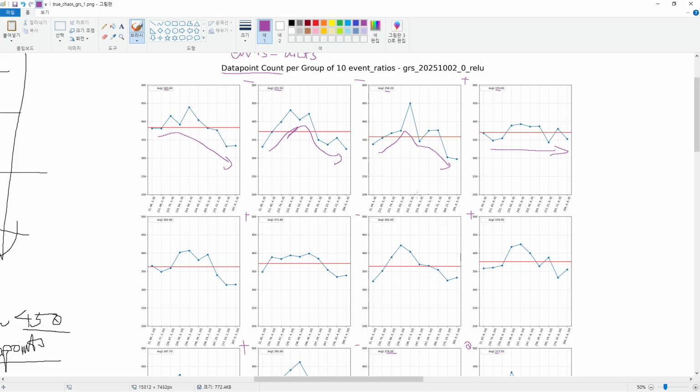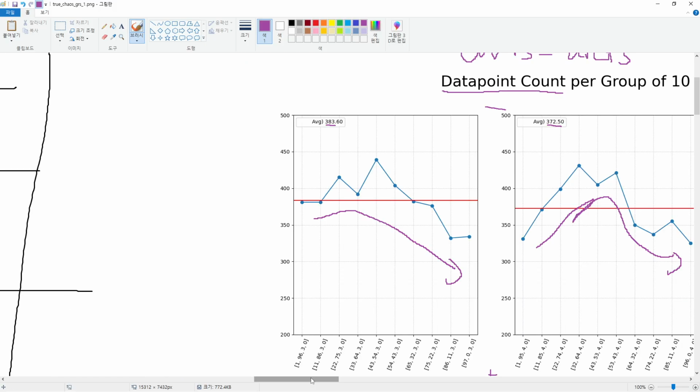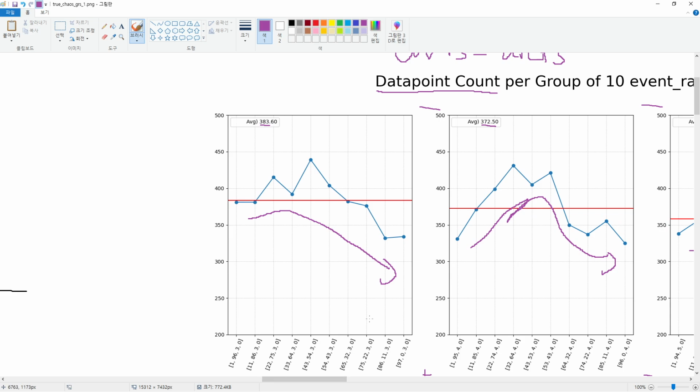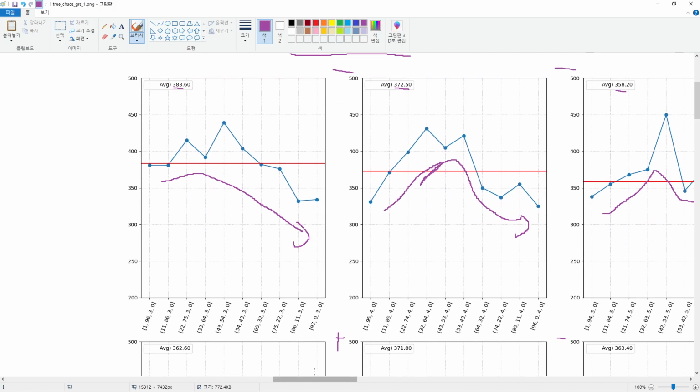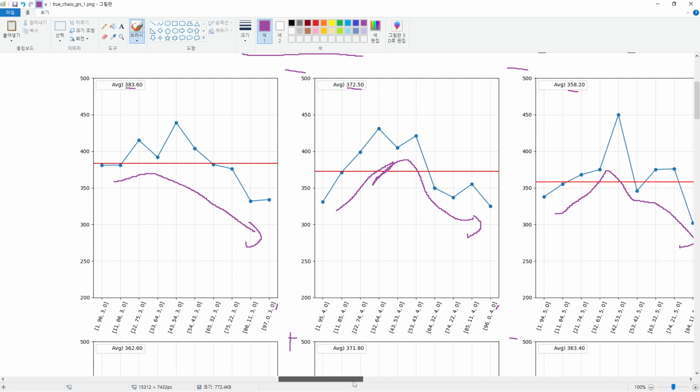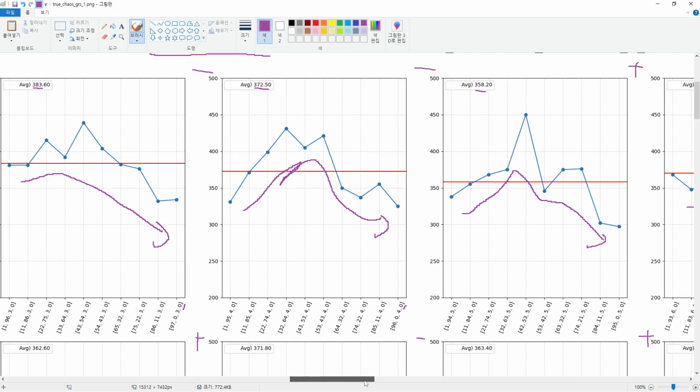Okay, maybe there's no actual difference. There doesn't seem to be that much of a difference amongst the entity event ratios, where the chill event ratio is fixed, fixed as in they're all the same.